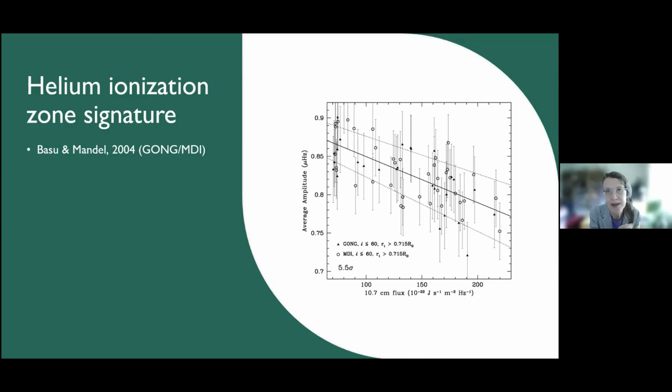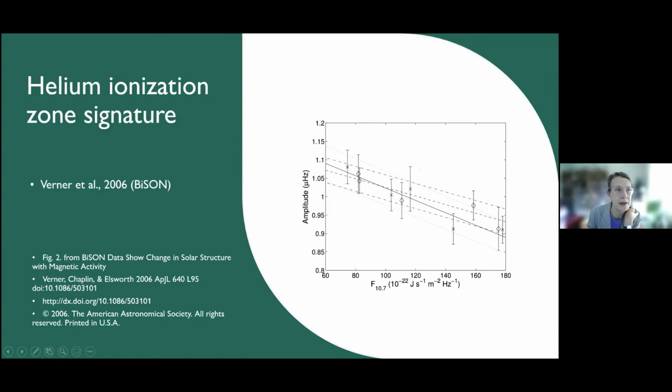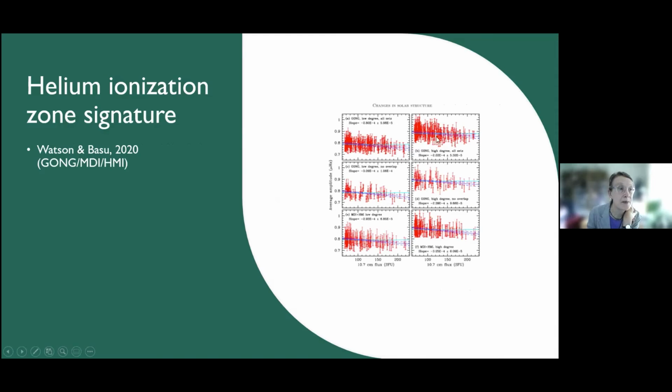And the amplitude of that signature tells you how strong that glitch is. And that apparently has been measured, and it seems to change with the solar cycle. This is measured in GONG and MDI, and this is measured in BiSON. And this is a more recent updated measurement, again by Sarbani Basu and a student.